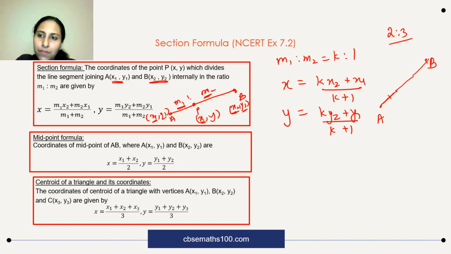I need 4 lines. So roughly 1, 2, 3, 4. I can divide roughly into 5 parts like this. 2:3 ratio means this is the point which divides in the ratio 2:3. So here also I can sort of guess what will be the X coordinate, what will be the Y coordinate like this. Okay. This kind of method you can use if you feel confident enough. Otherwise, stick to the formula.